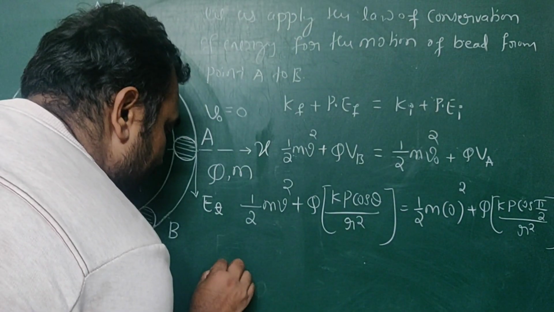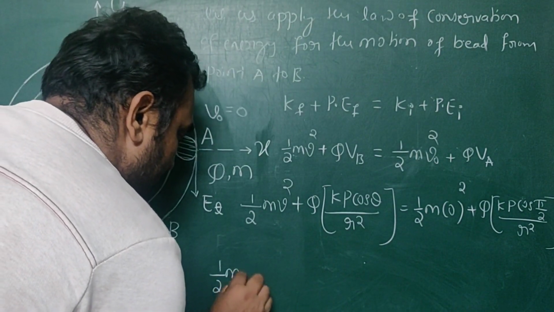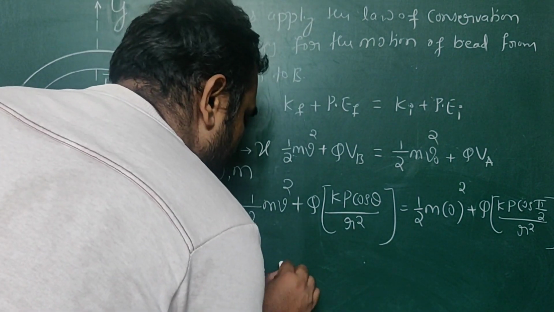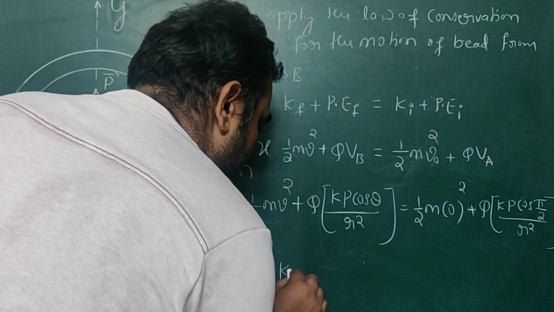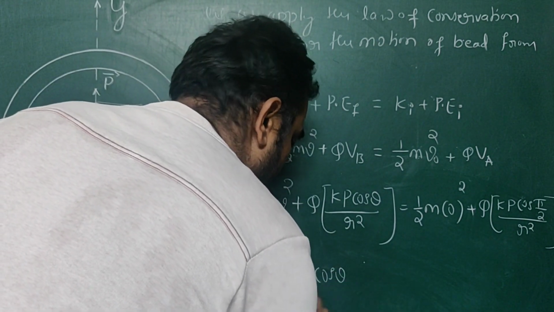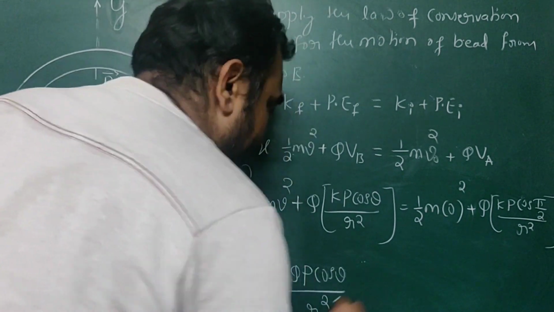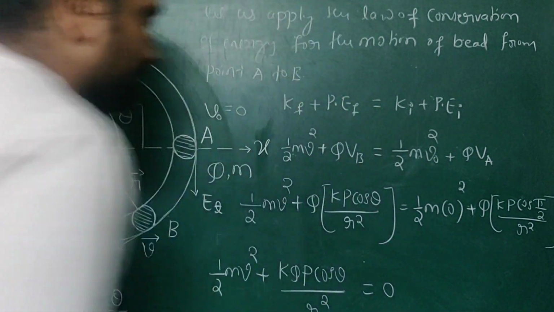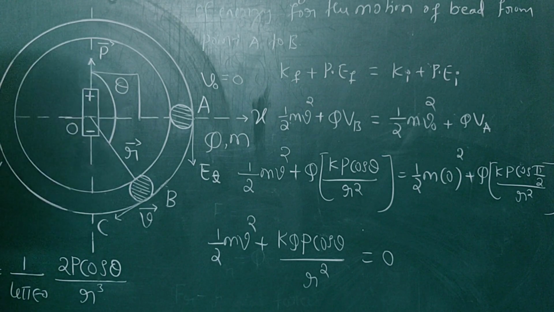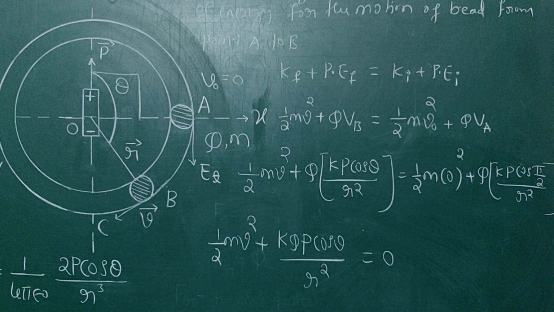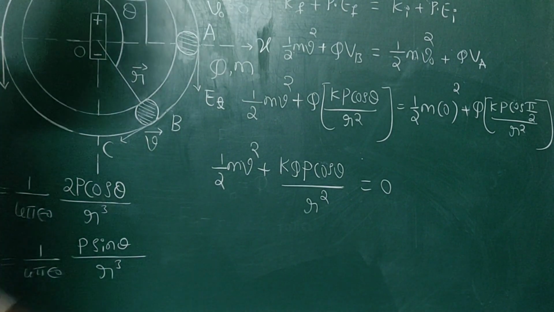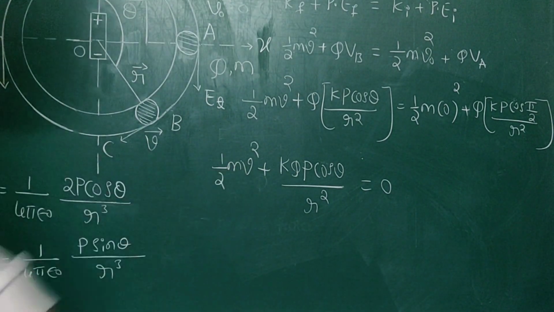So therefore we can write half mv square plus kqp cos theta upon r square equals 0. Okay, now let us solve for V. Now we can simplify this equation to find the speed of the bead.